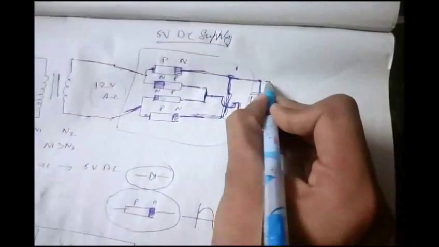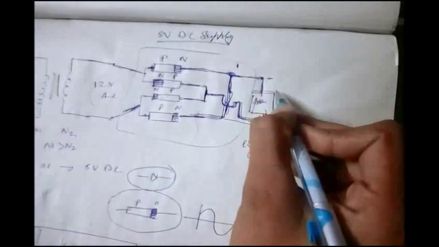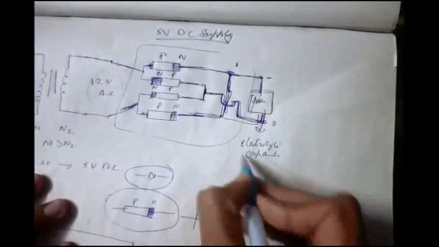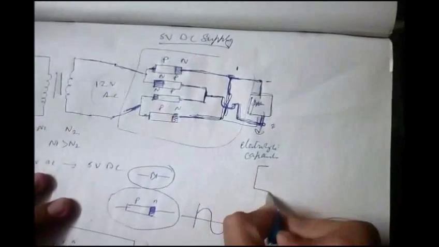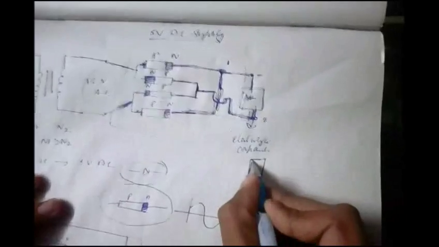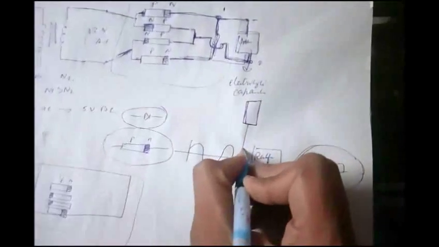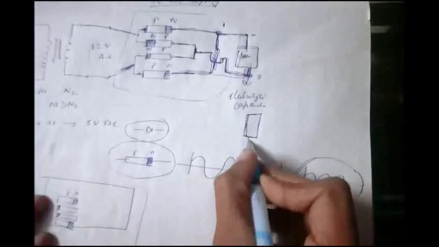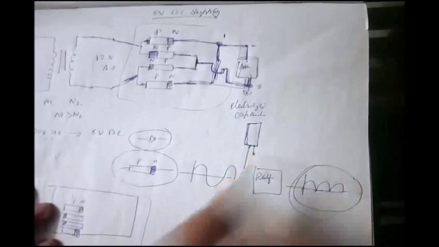As you all know, the capacitor has a positive and a negative terminal. I'm going to tell you how a capacitor looks. This is the capacitor, and the bigger one is positive and the smaller one is negative.